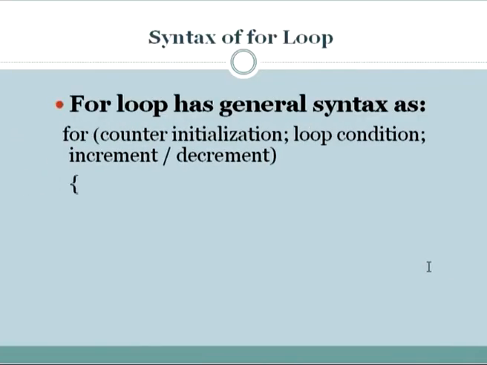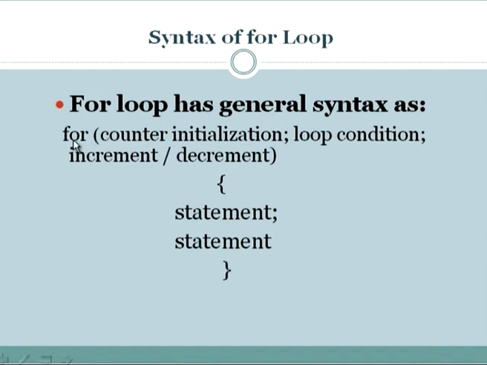The general syntax of the for loop is as follows: the loop starts with the for keyword followed by the declarator statement, which has three sections enclosed in parentheses. The first section is called the loop counter initialization section. Then we put a semicolon to separate it from the second one.